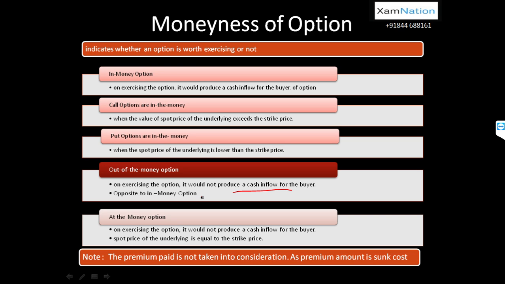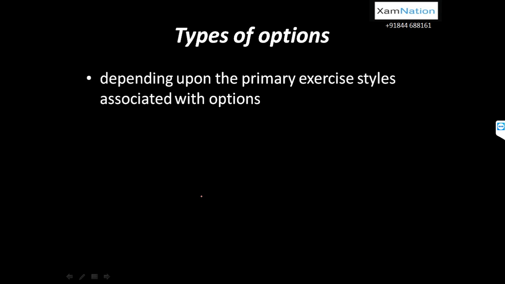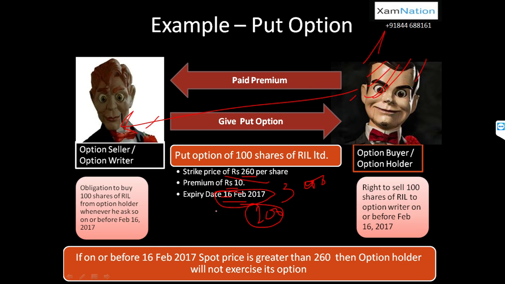Now one thing you need to take care of here: the premium paid will not decide whether you have to exercise the option or not. Let's say in our example the strike price is 300. This is a put option, and if the spot price is 200, he will exercise the option no matter what premium amount he has paid.